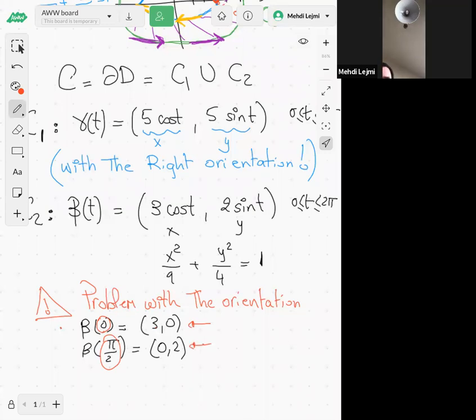So this is the wrong orientation, and I need to change my parameterization to make it a clockwise rotation. The idea, for circles or ellipses, is that all you have to do is, instead of t, change it to 2 pi minus t.